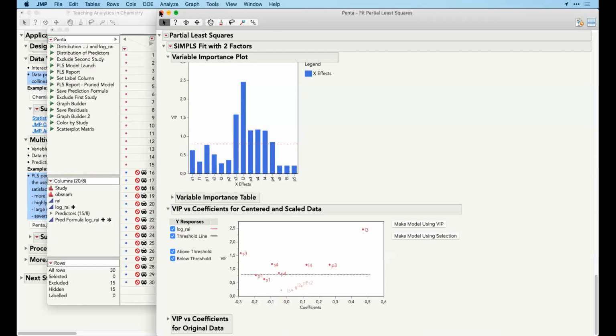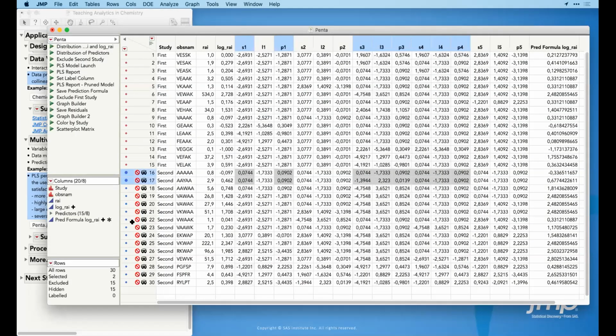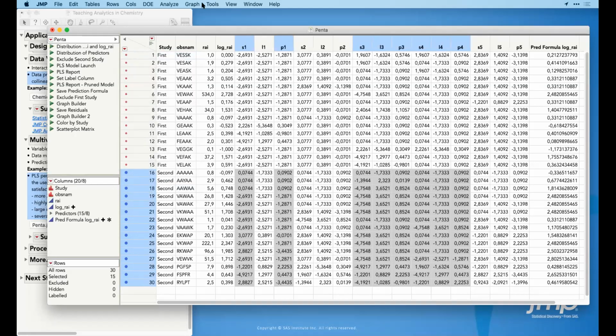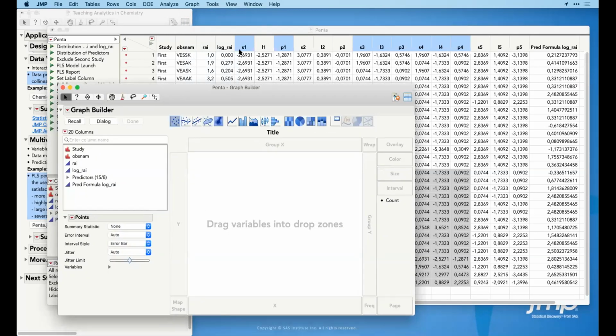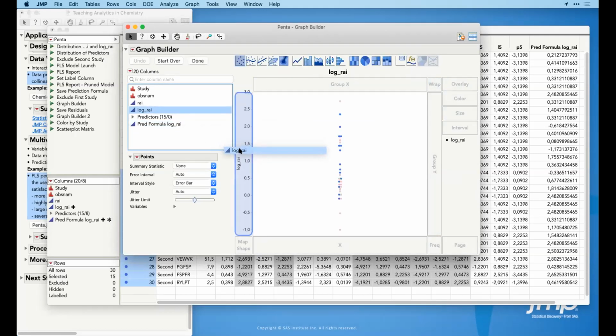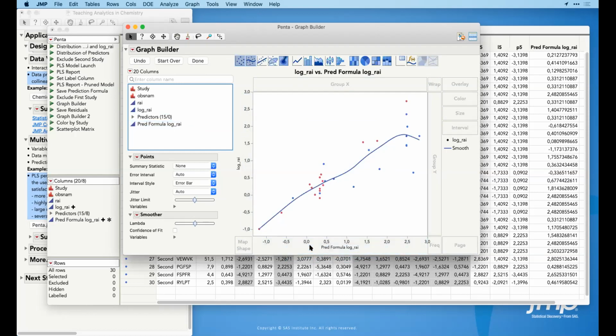If I take this model and save the prediction formula from the last model, just using the subset, and then look at all my data, so I can get an actual by predicted plot. So the actual log response is this one, and the predicted is this one.